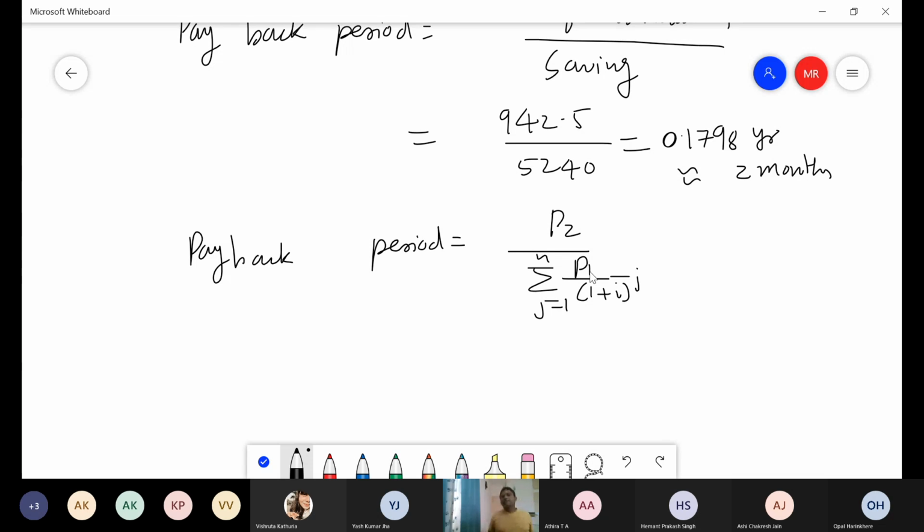This should be the correct expression, but we have ignored the interest rate in the above expression, because even if you include it, it is not going to vary too much.